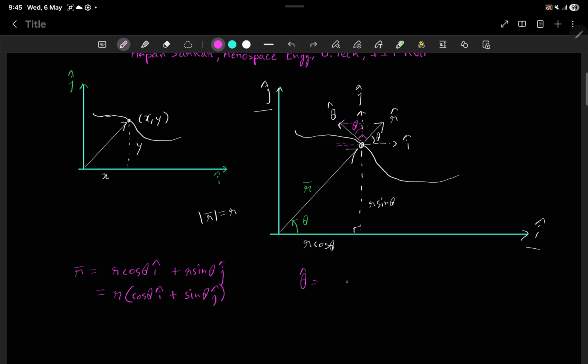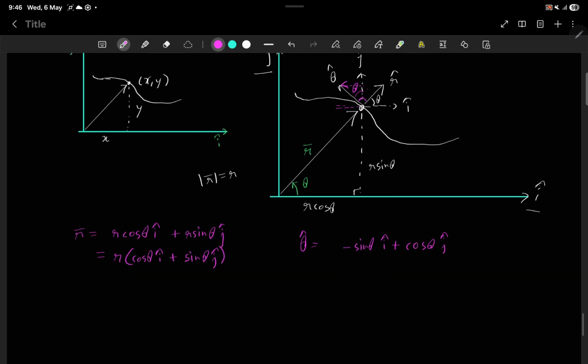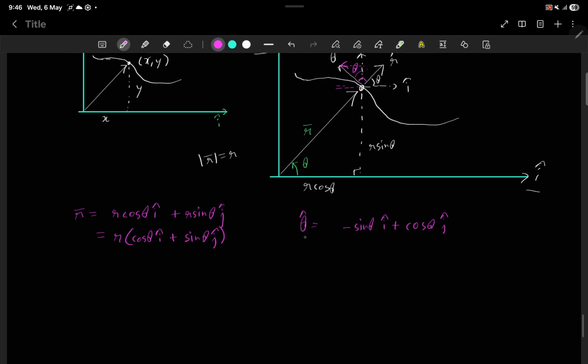Along the j cap direction I have cos theta j cap, and along the x-axis direction I will have minus sin theta i cap. So this is my theta cap.